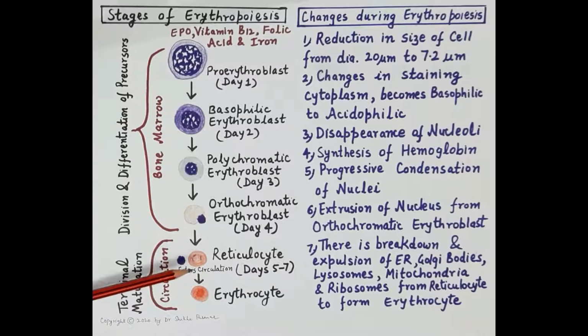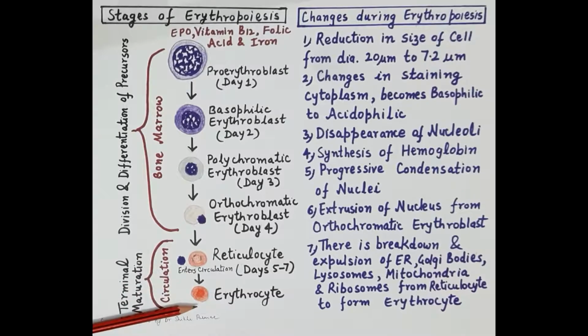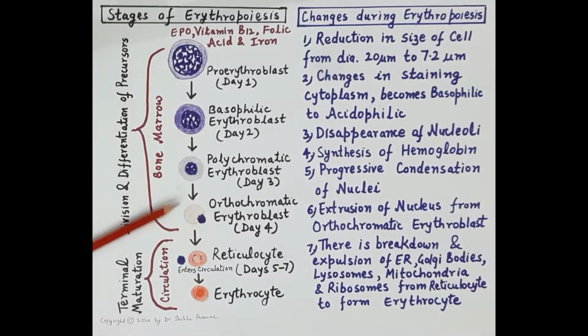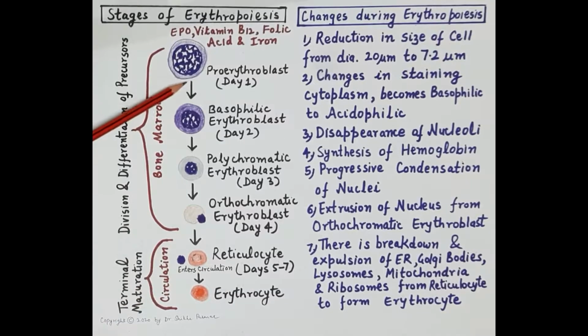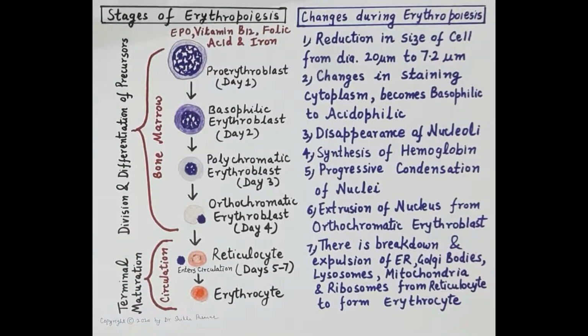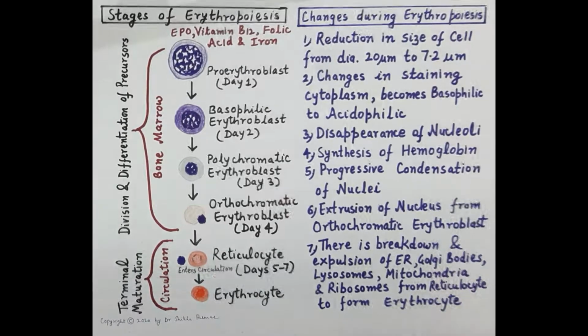During the maturation of the reticulocyte, there is breakdown and expulsion of endoplasmic reticulum, Golgi body, lysosomes, mitochondria, and ribosomes, so that more space is available for the hemoglobin. And finally, the reticulocyte transforms into the erythrocyte. So these are the stages of erythropoiesis. This is how the proerythroblast develops into a mature erythrocyte or RBC.